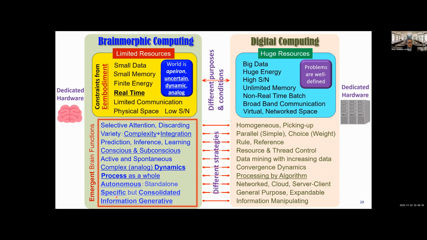And the important one is the information generative approach, because the brain always lacks information. But the brain has to process in real time. So the brain always generates information to fulfill the lacking information.